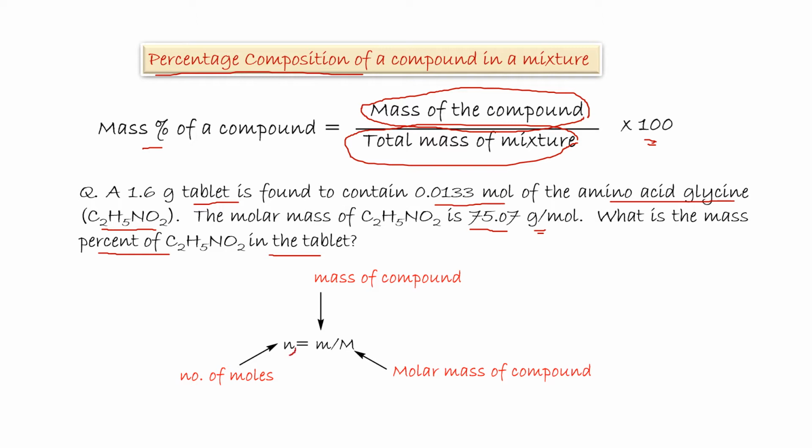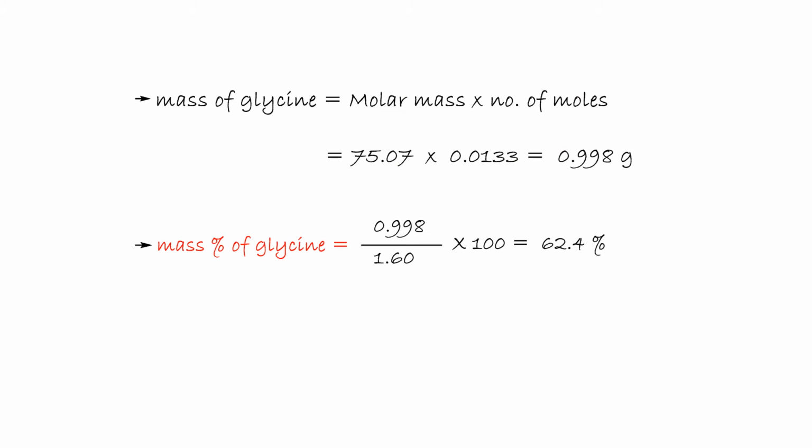Recall that number of moles equals the mass divided by molar mass. Then the mass will be equal to number of moles times molar mass. Mass of glycine will be equal to molar mass of glycine times the number of moles.